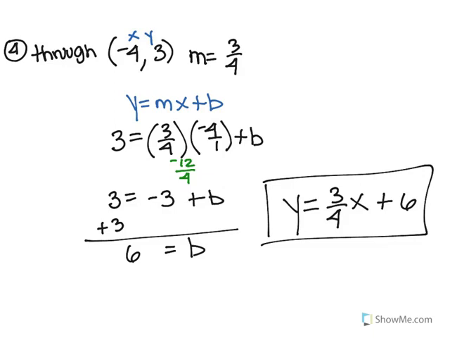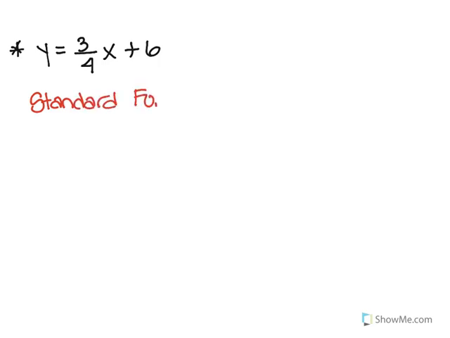Now, I want to insert something right here. Let's take that answer, y equals 3/4 x plus 6. What if I ask you to write your answer in standard form?